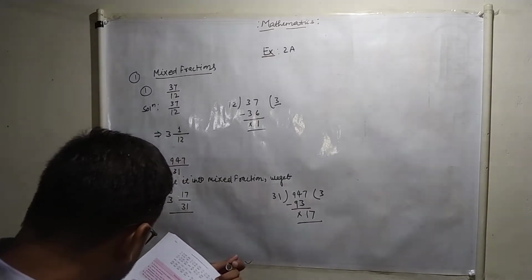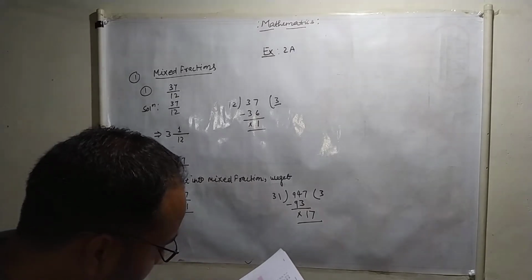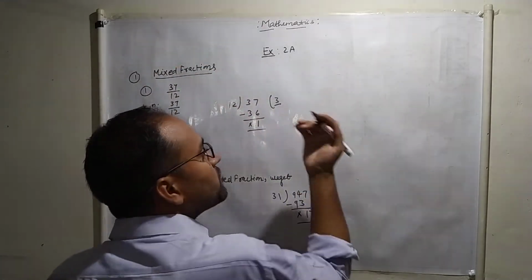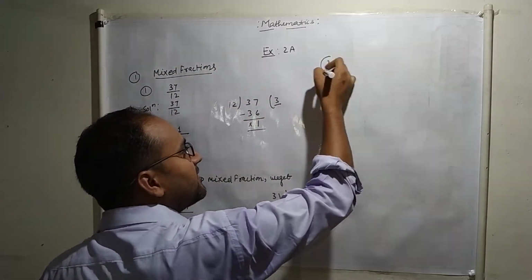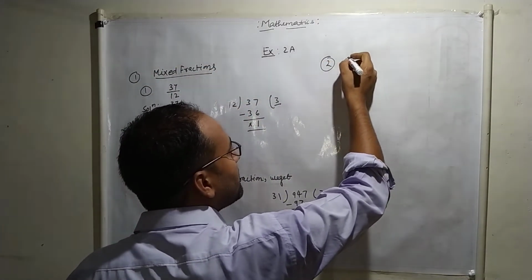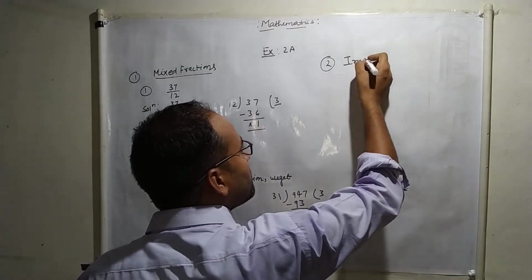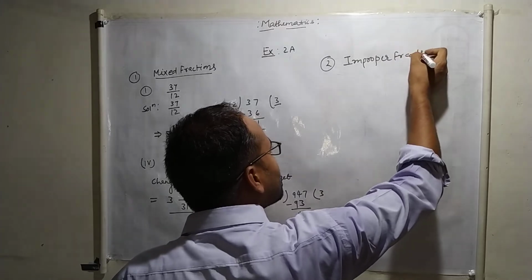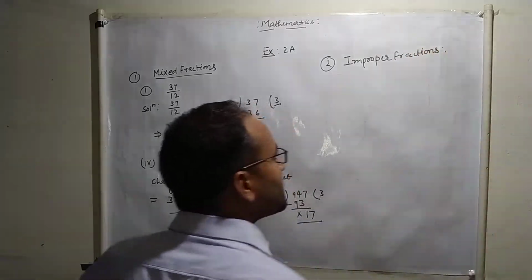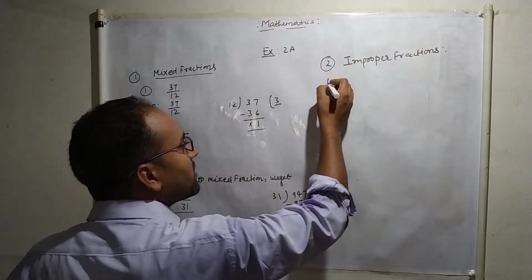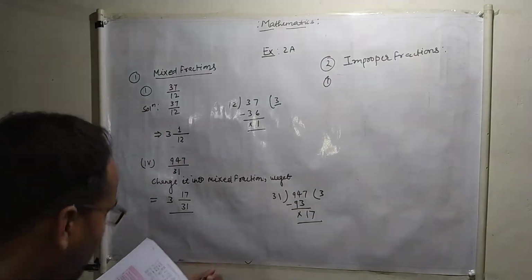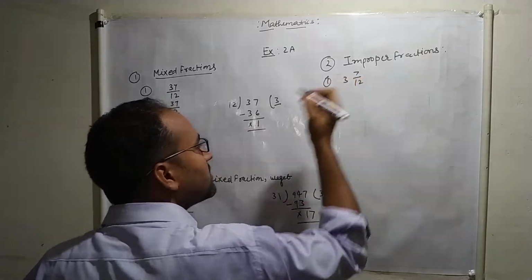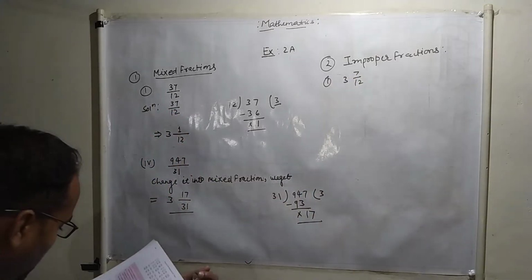I think it is very easy to change into a mixed fraction. Second one is: express the following as an improper fraction. Improper change into mixed fraction, and then second change into an improper fraction. Here a mixed fraction is given, change it into an improper fraction. So first one I am going to change is 3 whole 7 upon 12, students.